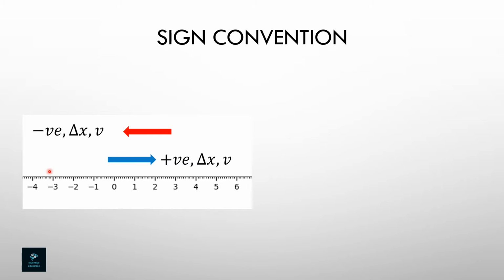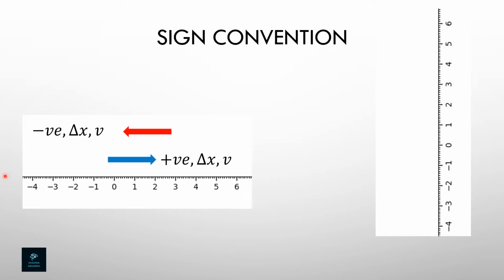When the motion is in the negative x direction, the displacement and velocity are negative, and if the magnitude of the velocity is increasing, the acceleration is negative, and if the magnitude of velocity is reducing, the acceleration is positive.